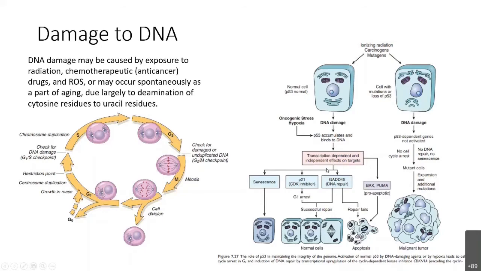If P53 finds that there is any damage, it can ask the cell to go for a complete senescence, that is, it will not receive any growth signal. Or what else can it do? It can cause a G1 arrest. It can cause the cells to be arrested in the G1 phase, and then the cell will be repaired, and then the cell cycle will move on again.